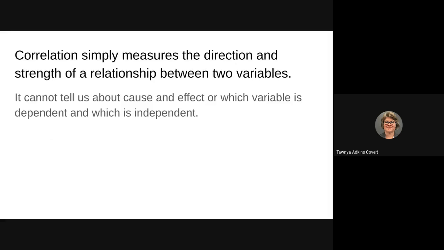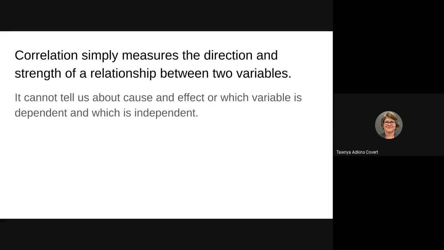So, if we talk about ice cream sales and temperature, which is the example that was in a few slides ago, we certainly wouldn't believe that the temperature is controlled by how much ice cream is being sold, meaning that ice cream sales are the independent variable and temperature is the dependent variable, right? We wouldn't argue that if we all go buy a whole lot of ice cream from the grocery store, the temperature is going to go up because that is the independent variable, the one that's causing a change in the other one.